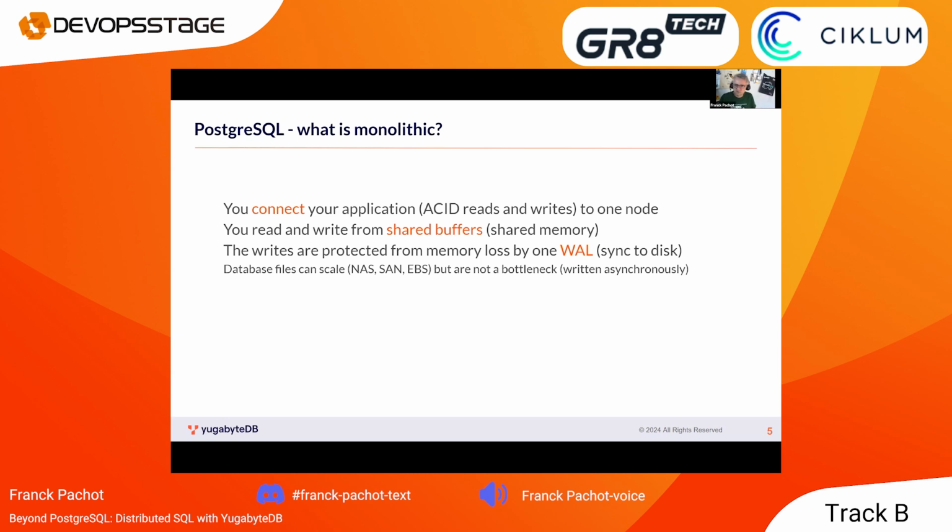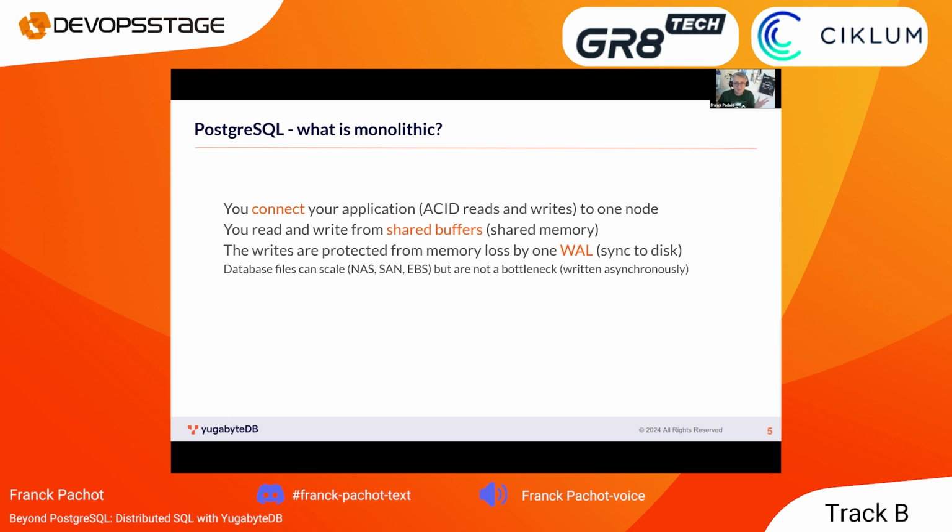The storage is not monolithic. You can run on multiple file systems, and those file systems can be distributed on multiple disks, in network storage, block storage in the cloud. Storage is not a bottleneck, but you don't really depend on that because it's written to storage by checkpoint asynchronously.